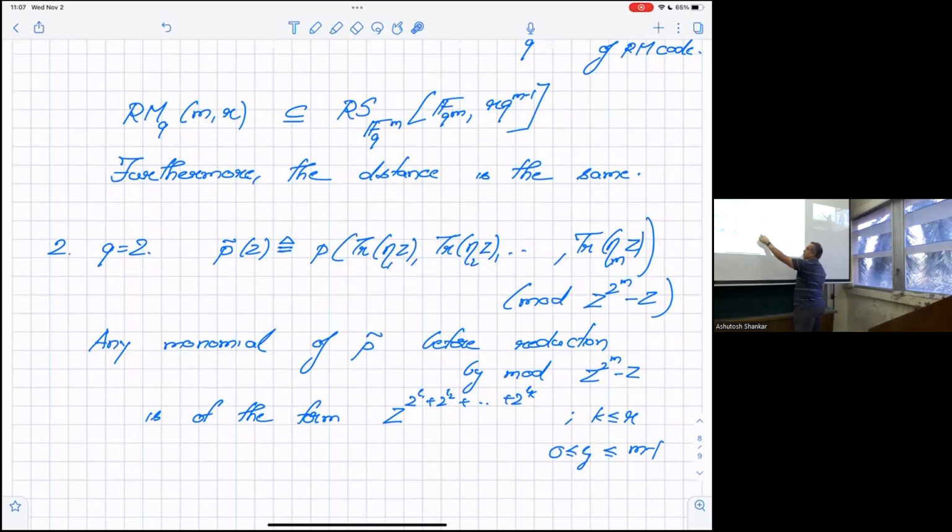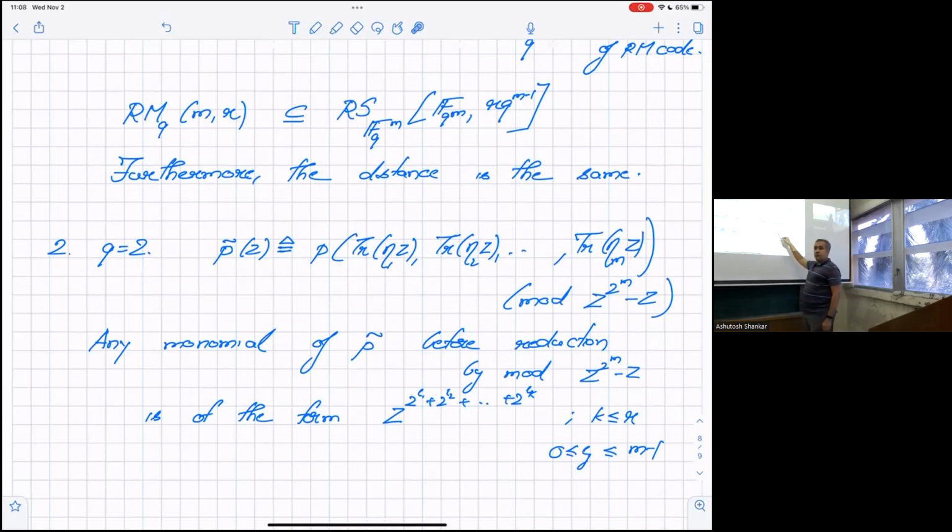Now I want to say that I can actually assume the i's are distinct, because if i_1 and i_2 are the same, this is just going to become 2^(i_1 + 1). They will add together and become 2^(i_1 + 1), and the number of these terms, k, will only become smaller by doing this. Whenever two things are the same, of course it can shoot up.